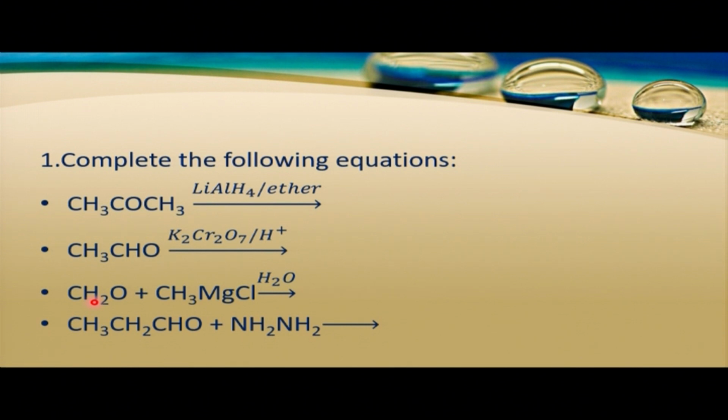And we know that when they react with aldehydes, we always produce secondary alcohol. When they react with ketones, we produce tertiary alcohols. But when they react with methanol, this compound, we always produce primary alcohols.